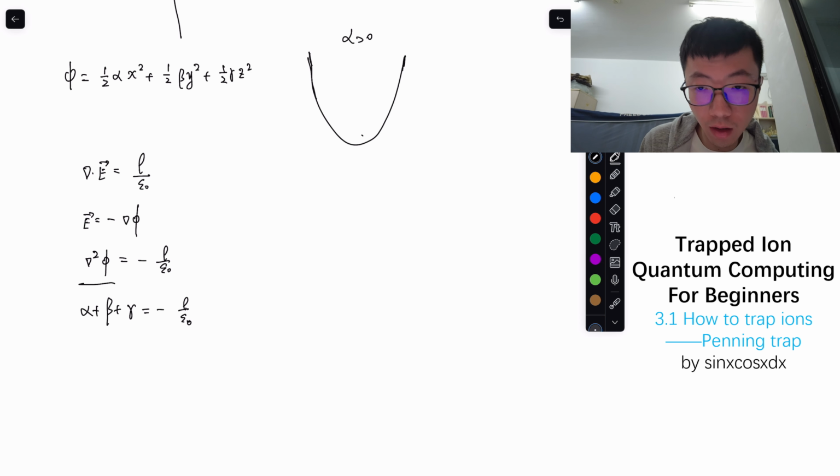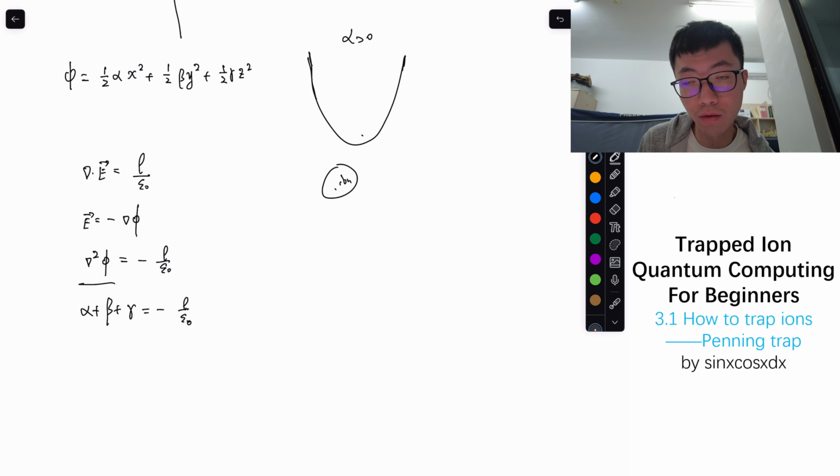And then what is the volume charge density at the position of an ion? Since the ion is just in free space, there's no charge in the free space at the point of the ion, right? So we don't count the charge of the ion itself when we deal with the force on the ion. So this equals 0.